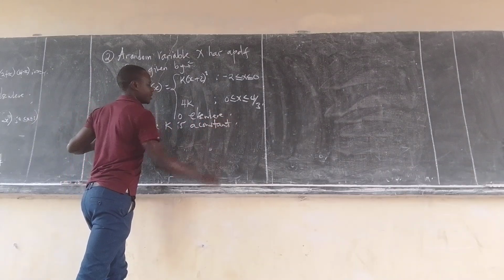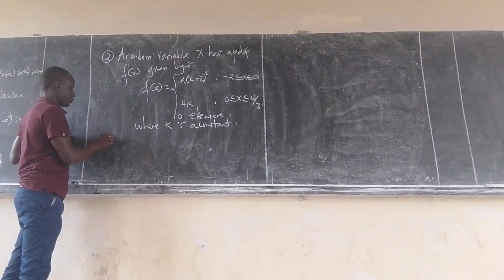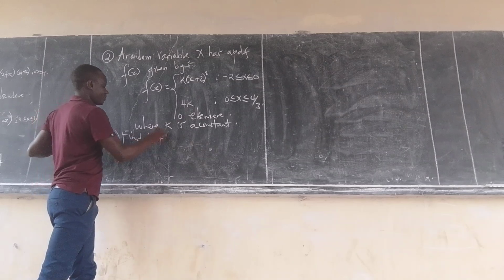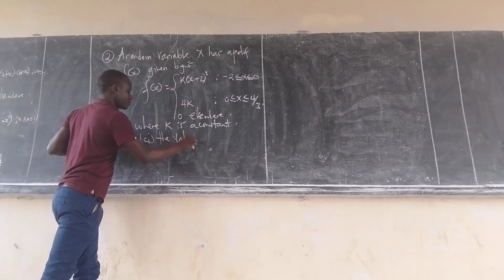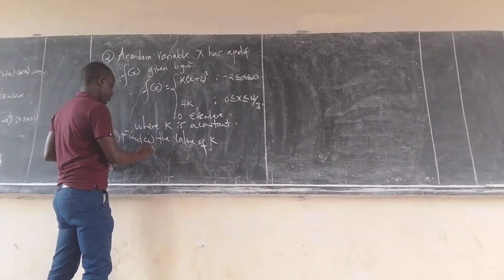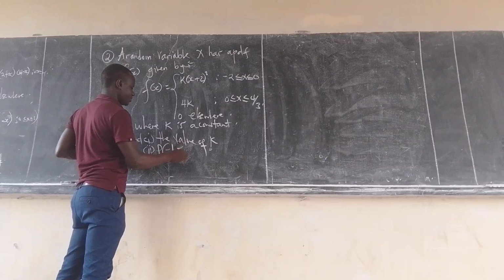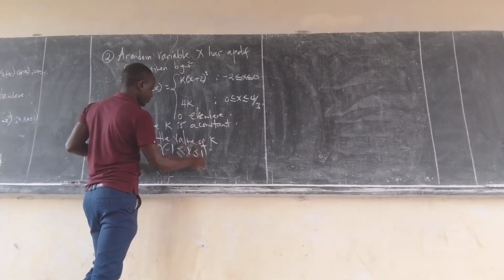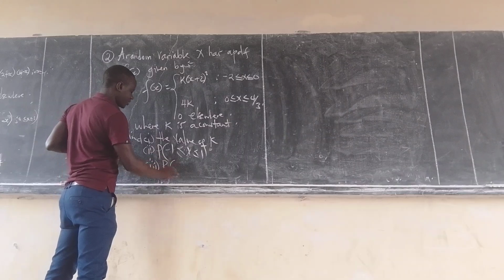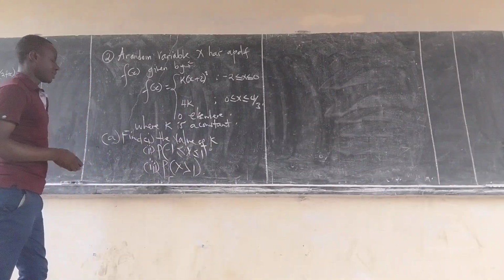they may require us to part a, find the value of k, part 2, find the probability that negative 1 is less than or equal to x, less than or equal to 1, part 3, find the probability that capital X is greater than 1.